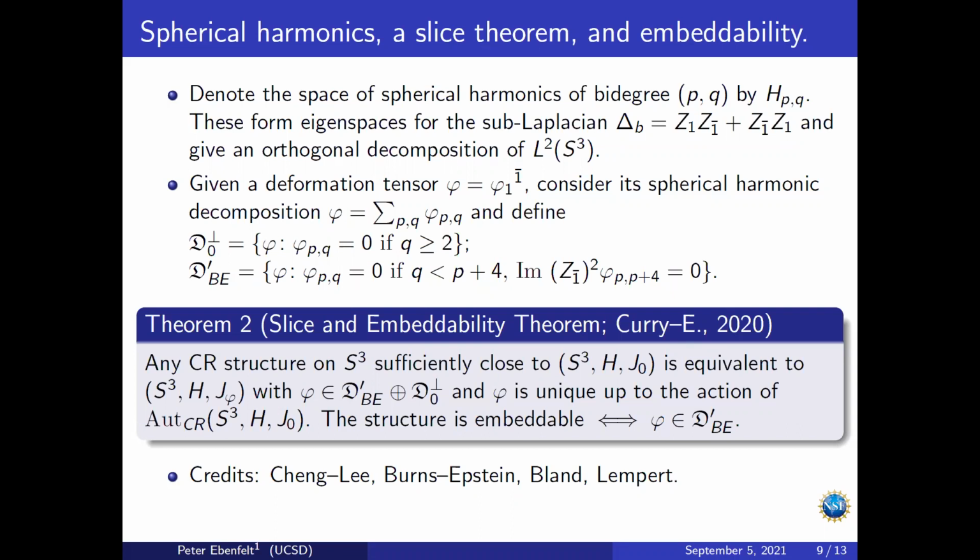So we proved a different slice theorem where you can single out, or very easily describe, the embeddable ones. Credits go to Burns and Epstein, who showed that anything that is in the Burns-Epstein region is in fact embeddable. And then there's work by Bland and Lempert along these lines as well. And then a separate slide, that's to remind me that I'm showing a separate slide that I essentially drew on the board here.